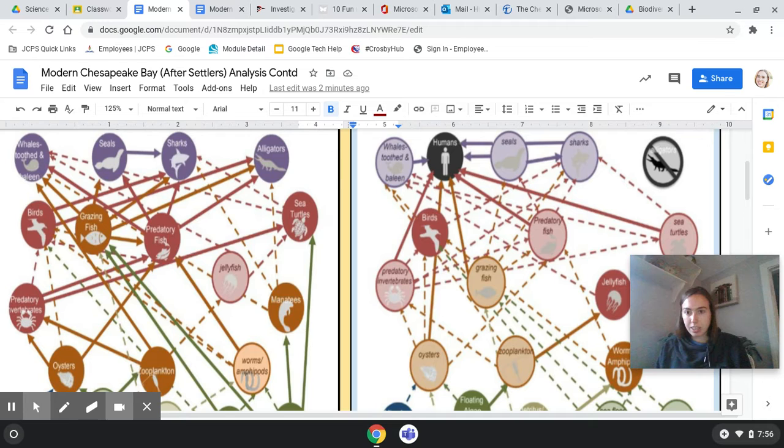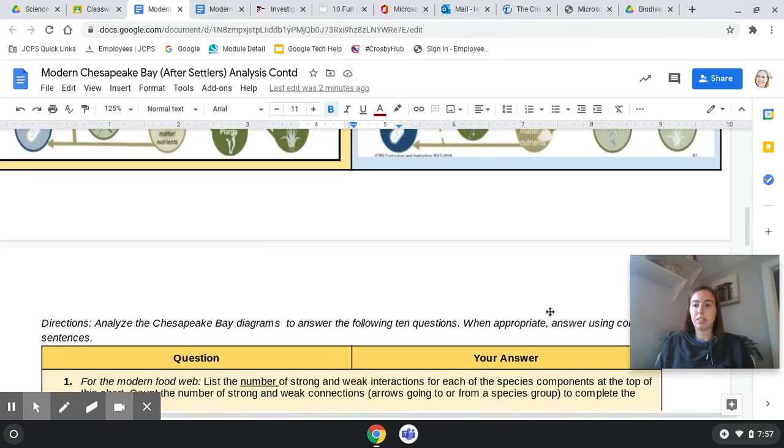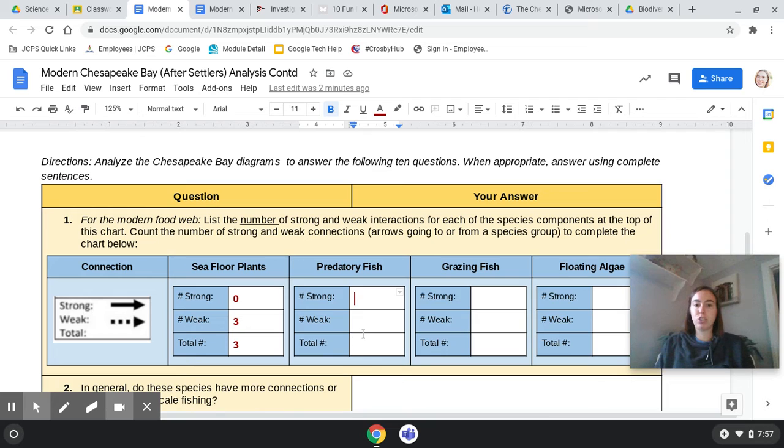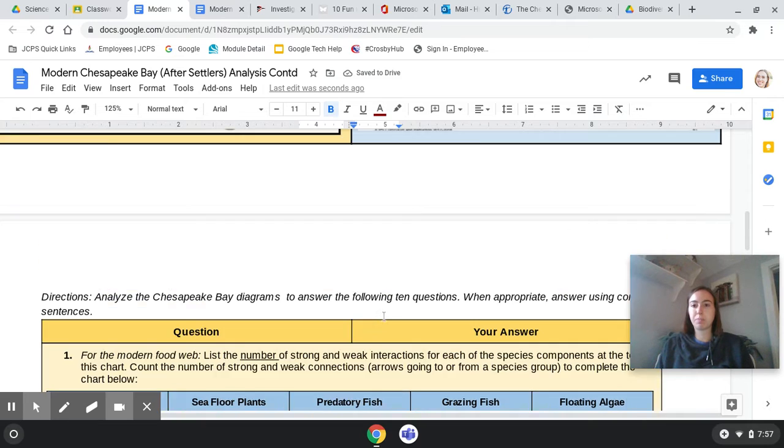I've counted 8 interactions, and it looks like I haven't missed any. So in my response for predatory fish, I counted a total of 8 interactions. Now I need to see how many of those are strong and how many are weak.